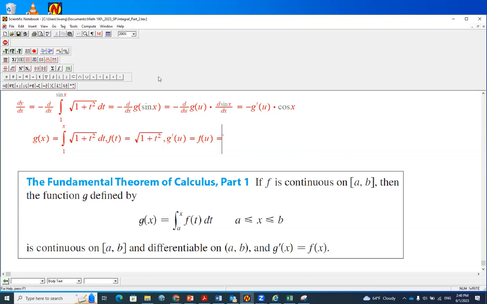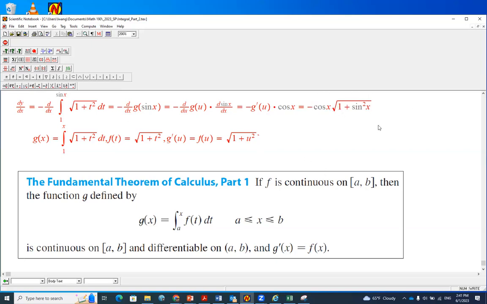So this is u squared. I know that's quite a bit, but I hope I have made it a bit easier. So this is sine x squared plus cosine x.